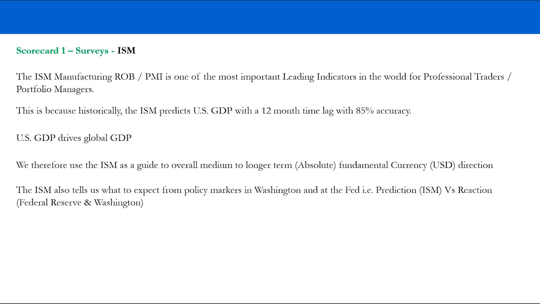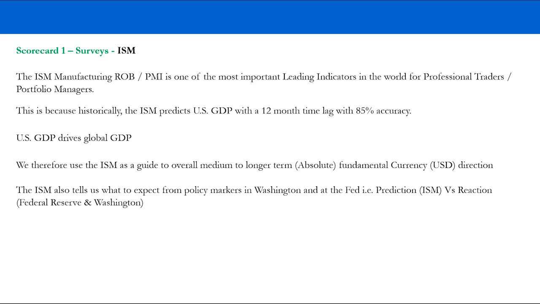And it's important not to forget that we're looking at everything here in an endogenous format. So we're looking at the ISM and saying, if it's growing, that's good for the US economy. If it's contracting, that's potentially bad for the US economy. If it's growing, then slowing, that's good, but not as good as previously thought.